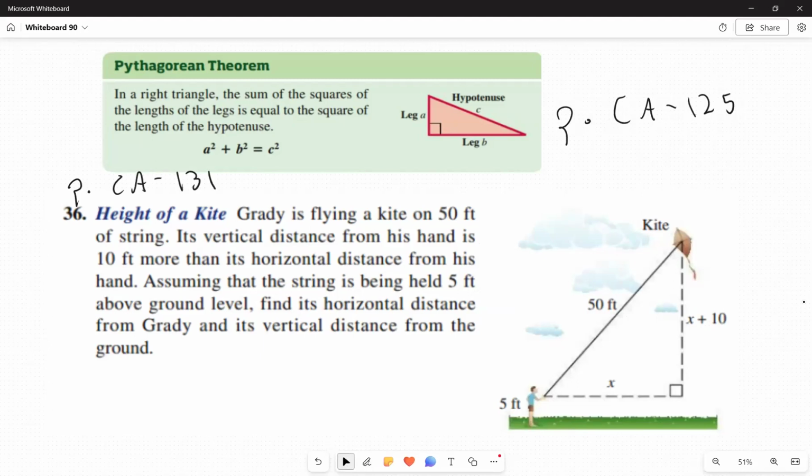Grady is flying a kite on 50 feet of string. Its vertical distance from his hand is 10 feet more than its horizontal distance from his hand. Assuming that the string is being held 5 feet above ground level, find its horizontal distance from Grady and its vertical distance from the ground.